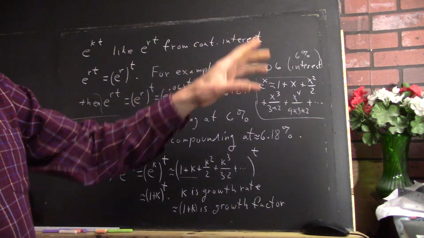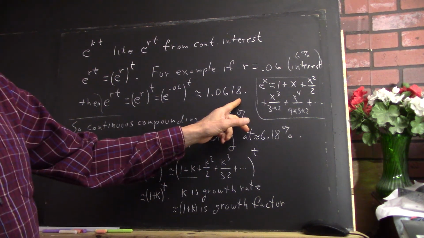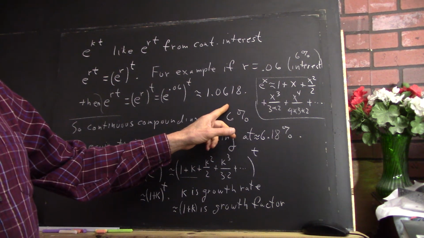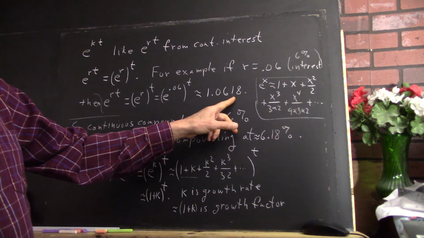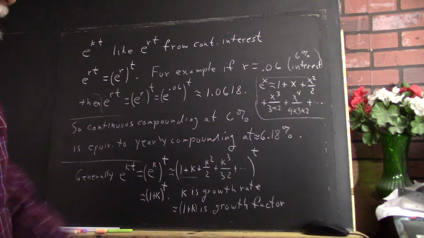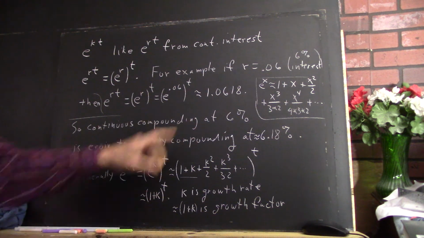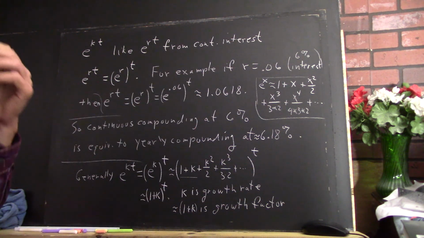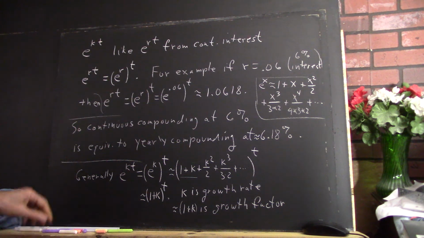If you're trying to estimate inflation, well, you can't estimate it that closely. You might estimate 6% inflation, but you'd be off by 1%. That 1/5 of a percent there doesn't make any difference. So depending on what you're doing, these approximations can be important. But this also helps you understand what e to the kt means.